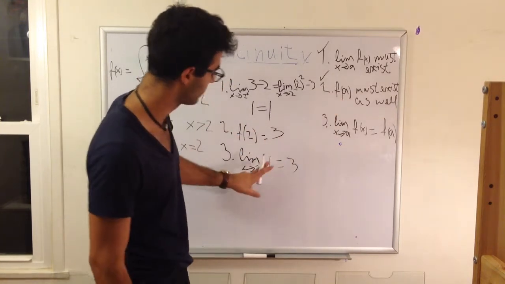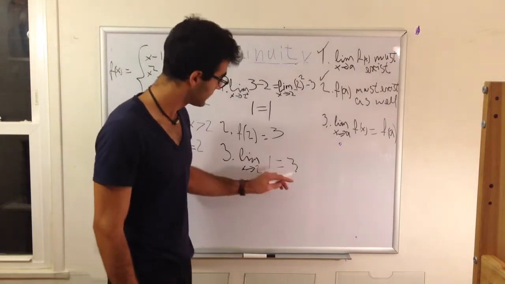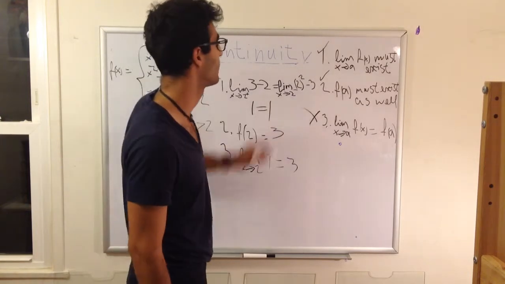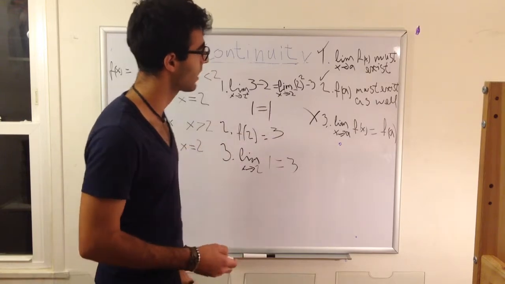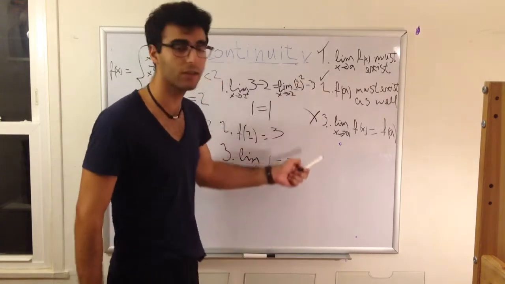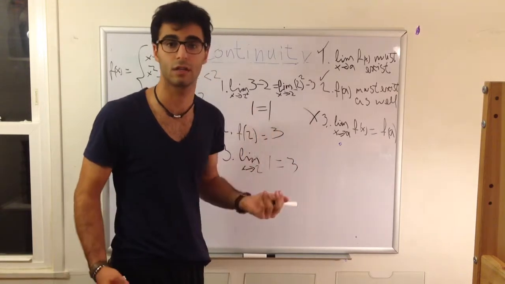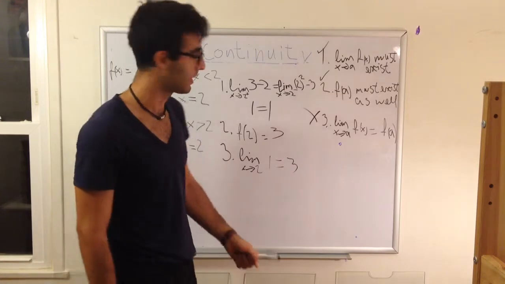So let's check this out. 1 equals 3. This is not right. 1 is not equal to 3. So here's the false sign, because all 3 conditions have to be met in order to make the function continuous. In this case, this one is not meeting it.